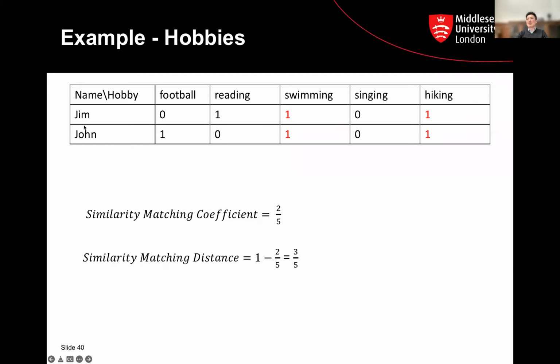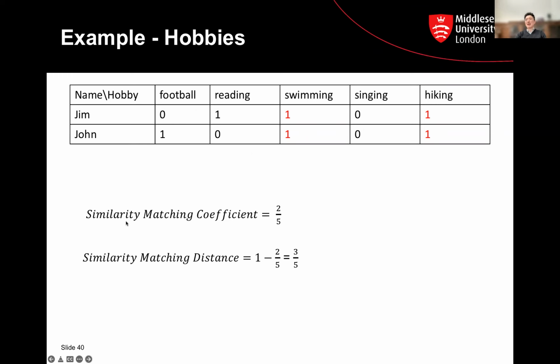Okay, so here we have an example for hobbies. You have 2 persons, and there are 5 different possible hobbies. If a person doesn't like a hobby, it will be 0. If they like it, it will be 1. And you can compare how many of these values are the same or different to say how similar or dissimilar these two persons are.